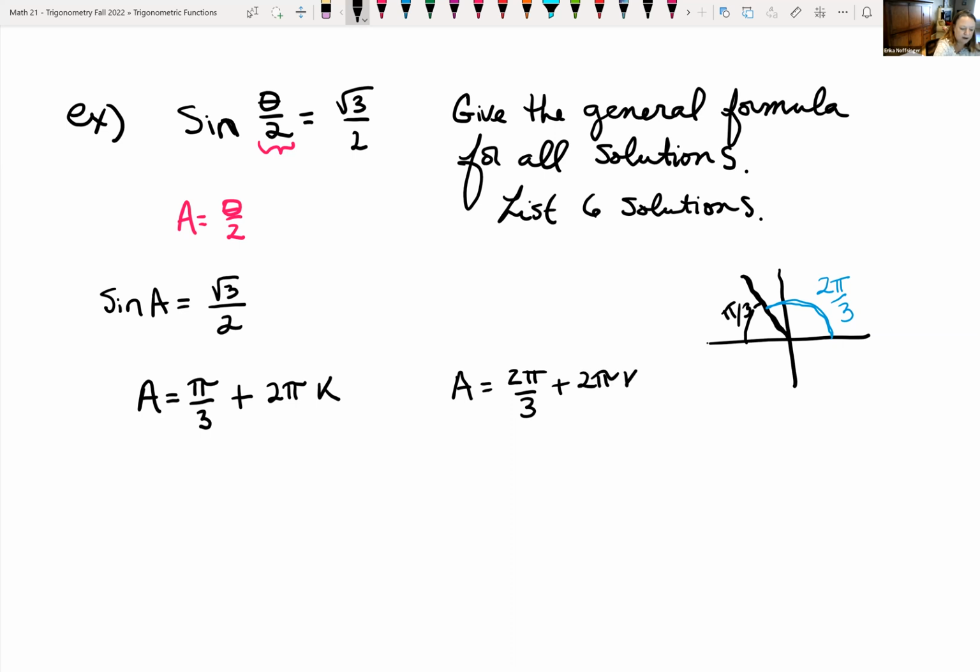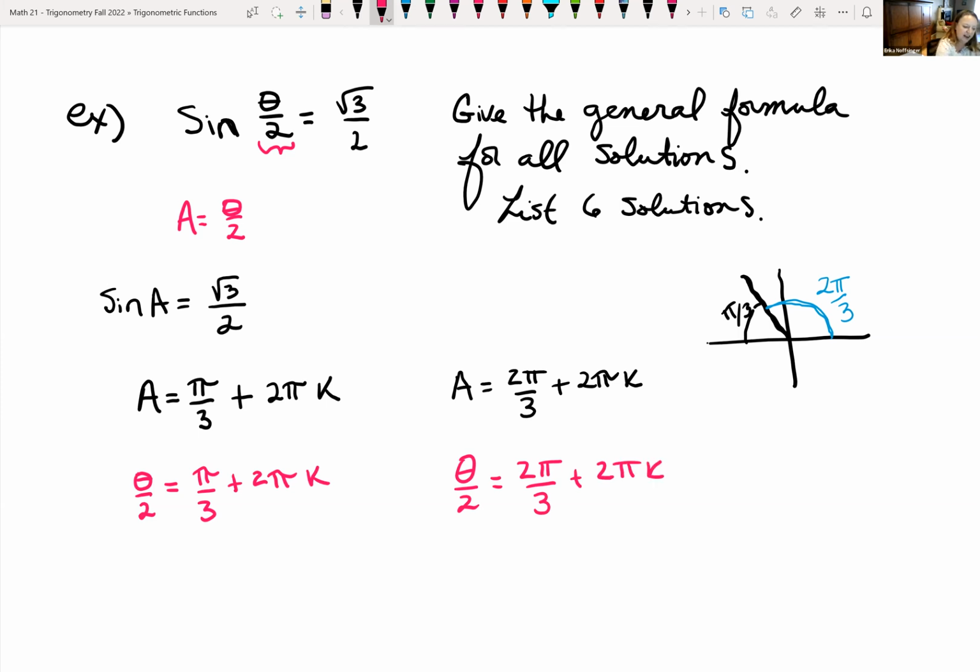But we don't want A, we want theta. And so theta over 2 is equal to these pi thirds plus 2 pi k. Theta over 2 is equal to 2 pi thirds plus 2 pi k.